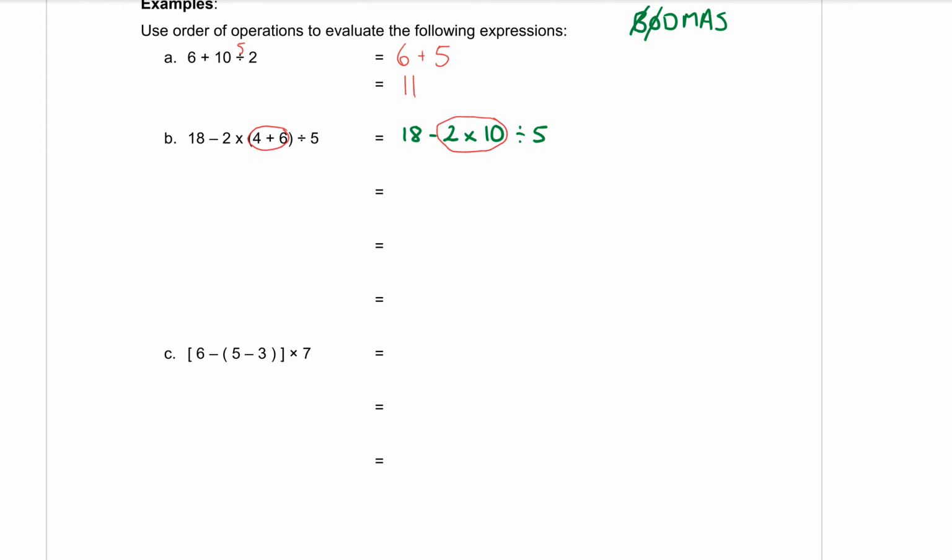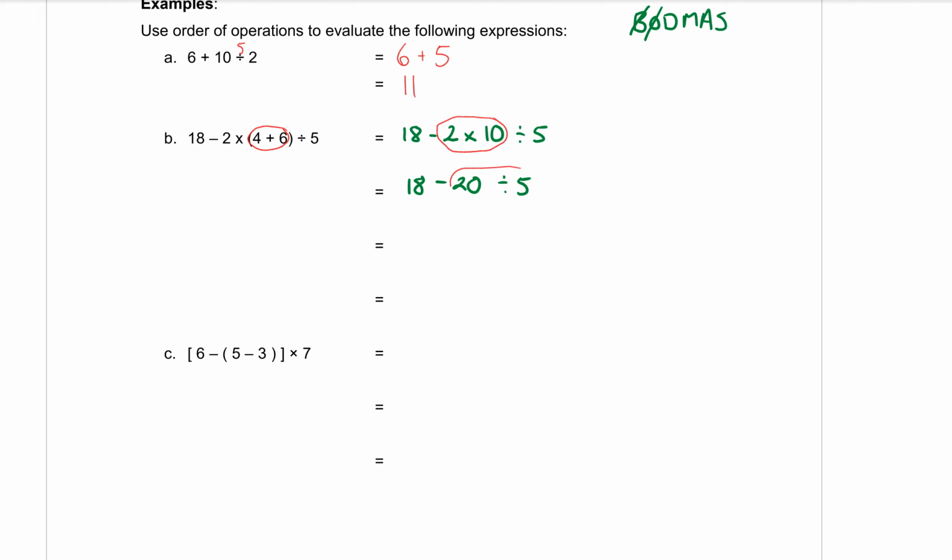Everything outside the circle, write down again. Only calculate the part inside the circle. So 18 minus sign. Inside the circle, 2 times 10 is 20. And then I have a divide by 5. Okay, just doing one little bit at a time. All right, next step, I still have a division there. So that is going to be my next step.